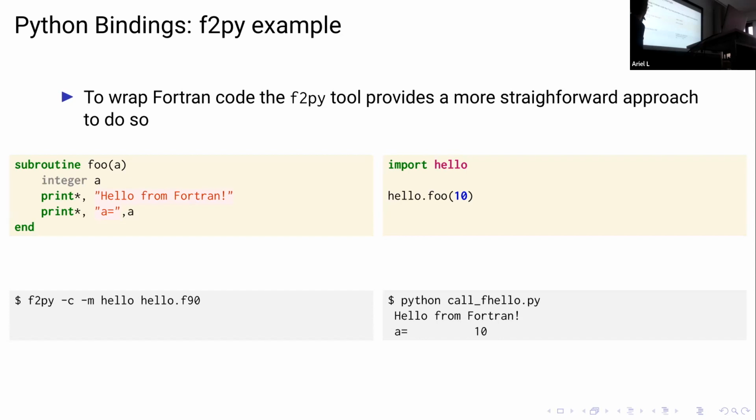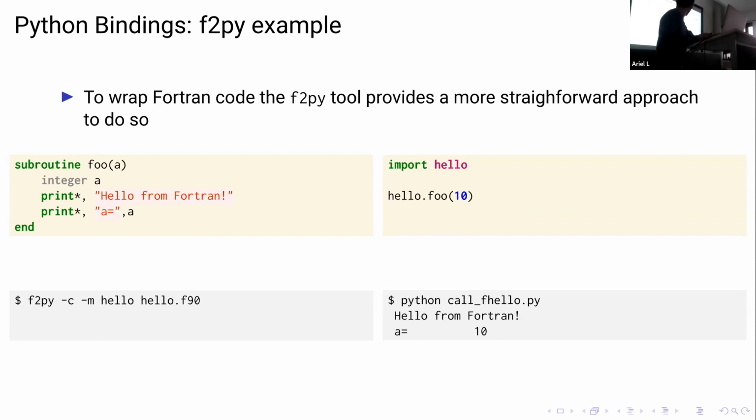It's called f2py, or Fortran to Python, which allows you to easily create a wrapper of Fortran code. Here I put more details.